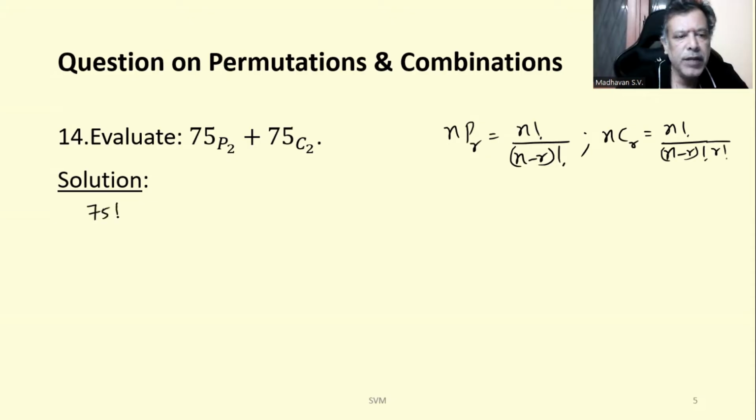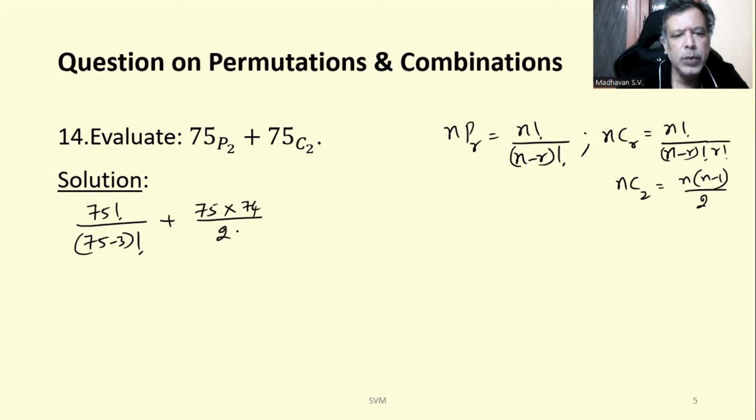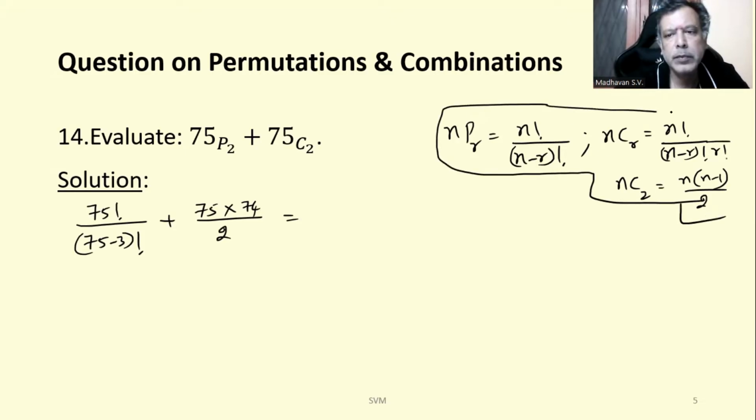75P2 is 75 factorial divided by (75 minus 2) factorial, plus nC2, which we also know is n into (n minus 1) divided by 2. So here it will be 75 into 74 by 2. 75 factorial can be written as 75 into 74 into 73 factorial.